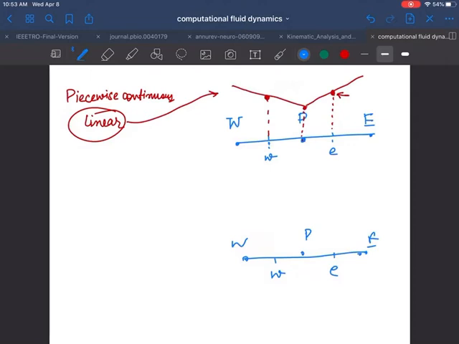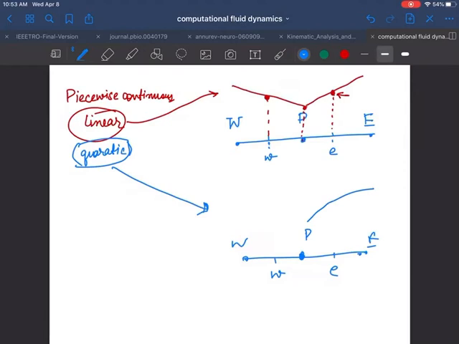What if we could have taken the higher order, I mean polynomial assumption or quadratic functions? We could also do that, but there is a disadvantage to that. Let's suppose I am assuming a piecewise continuous function like this.